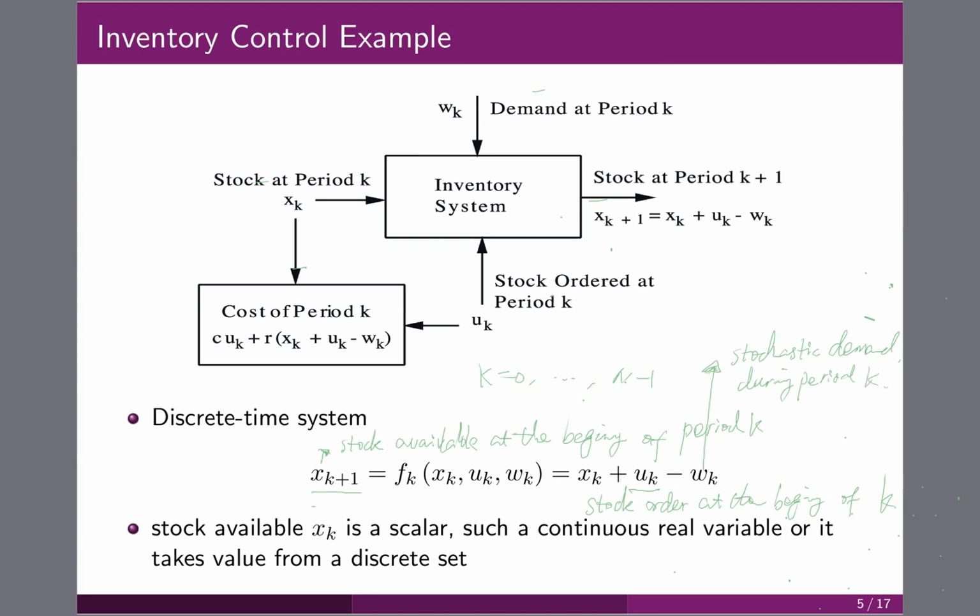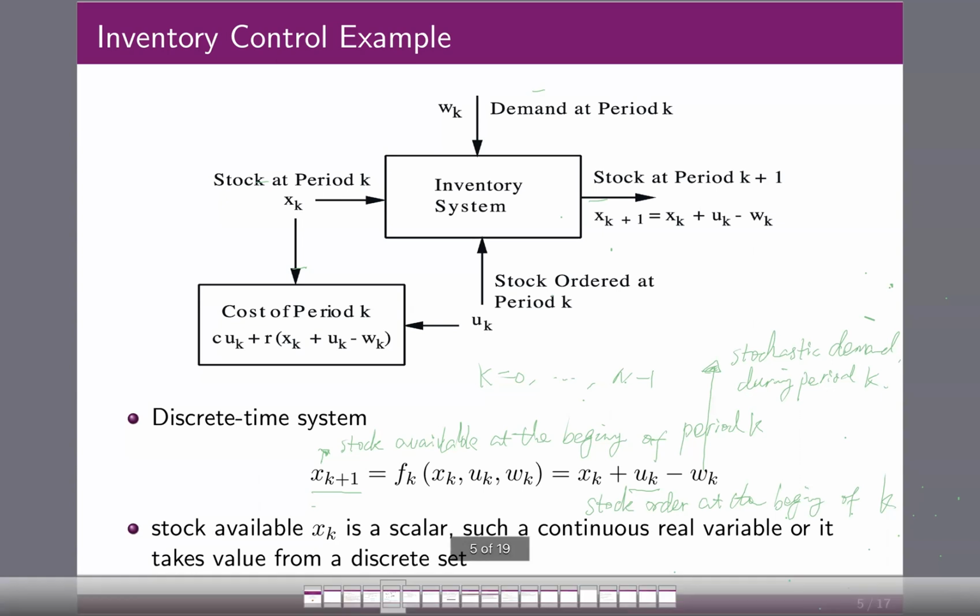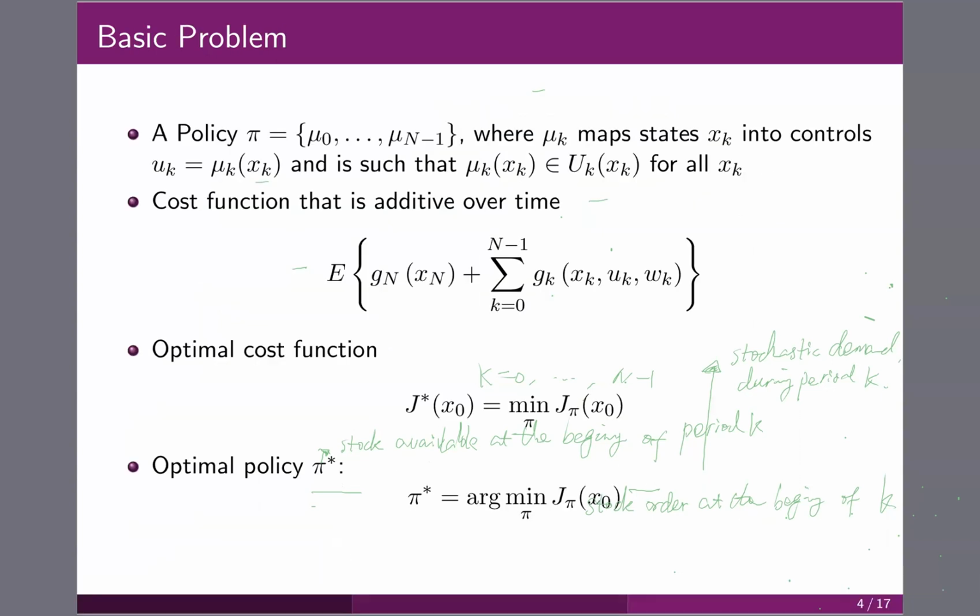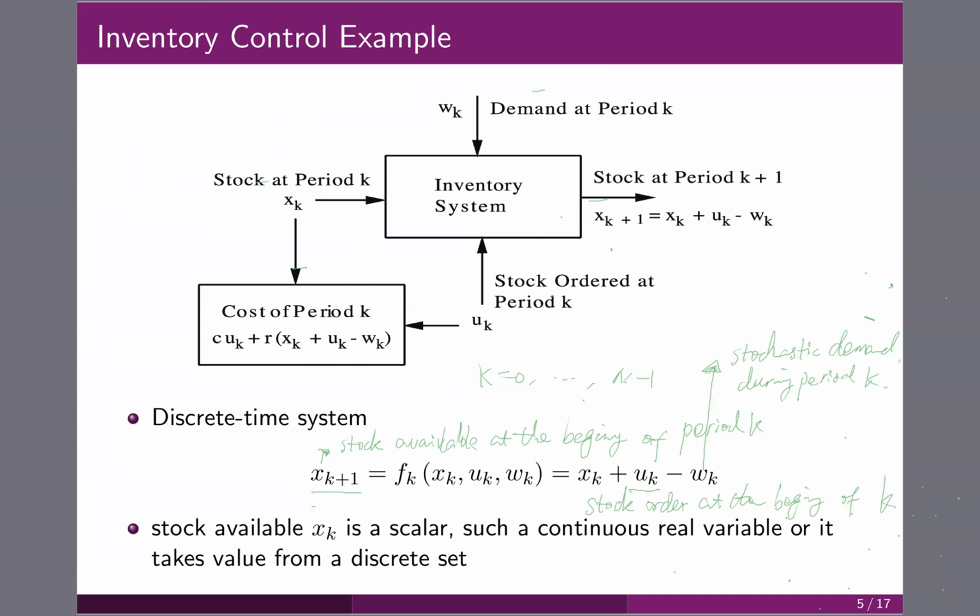Okay, and we know the distribution. Given x, given u, we know the distribution of omega k. Okay, this is an assumption in the DP problem.